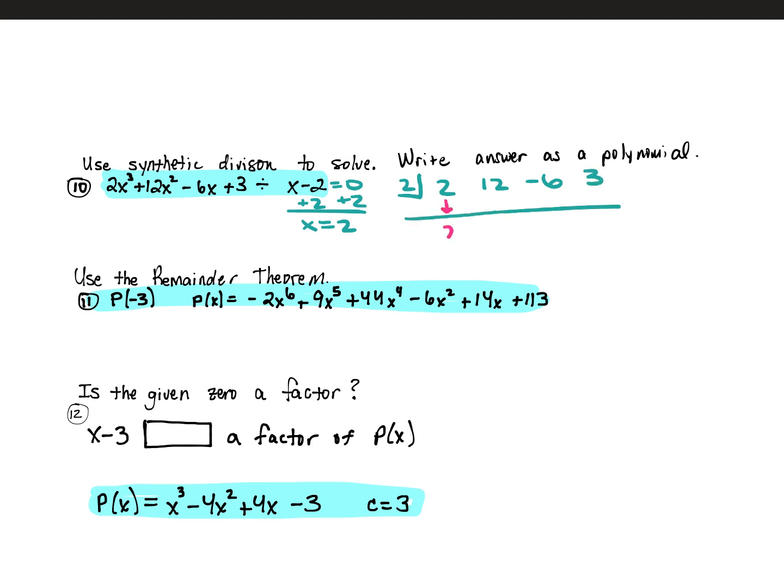Drop down the first term, which is 2. Multiply it by the number in the box. 2 times 2 is 4. Add it with the 12, that's 16. 16 times 2 is 32. Add it with the negative 6, that is 26. 26 times 2 is 52, plus 3 is 55.